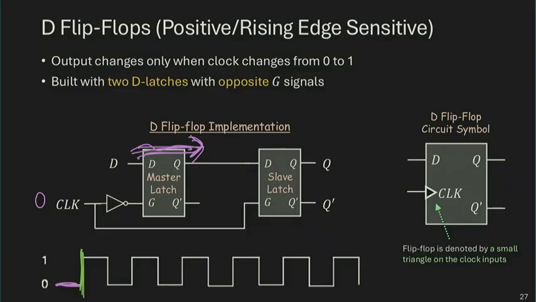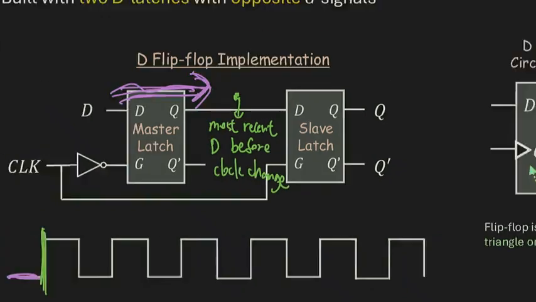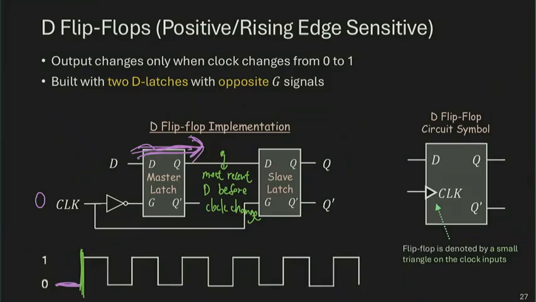So the middle part will remember the most recent D before the clock change. When your clock goes from 0 to 1, at that precise moment, the first latch gets disabled.